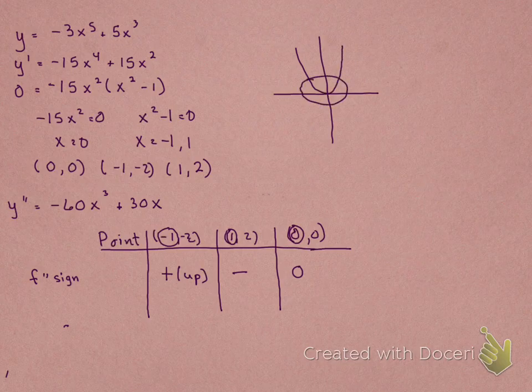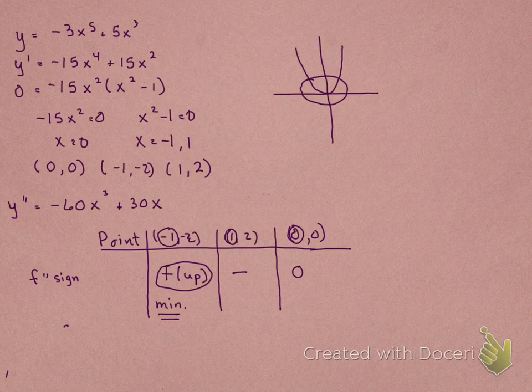So if a function is concave up, that means that it has a min there. See how the second derivative test gives us not only the concavity here, but it also tells us that there is a min value at -1, -2.